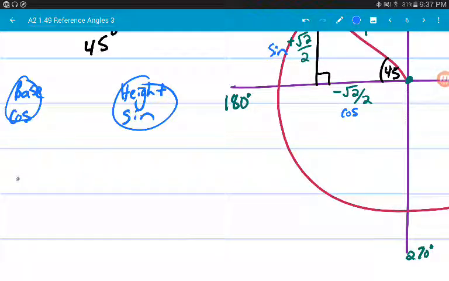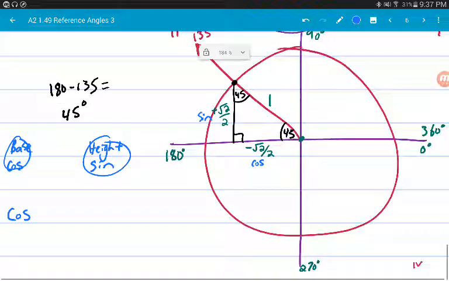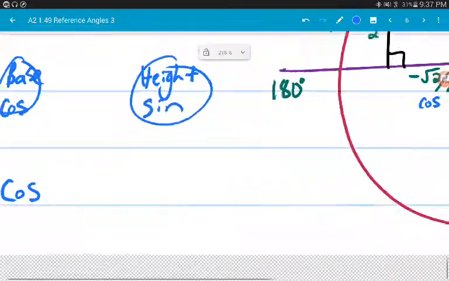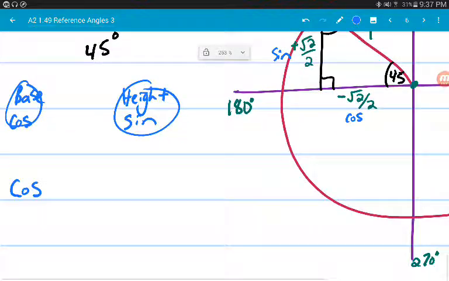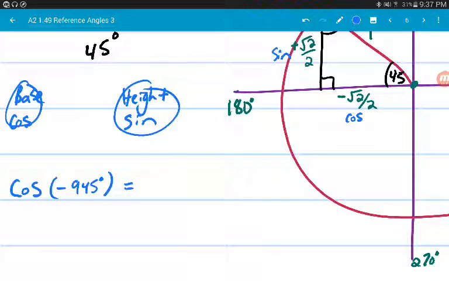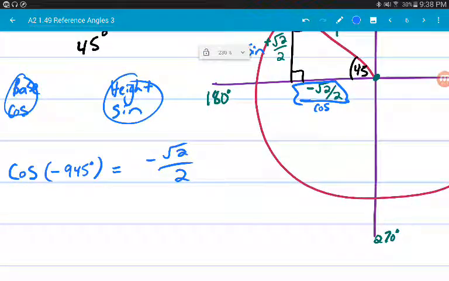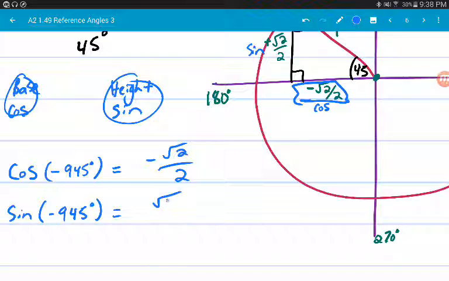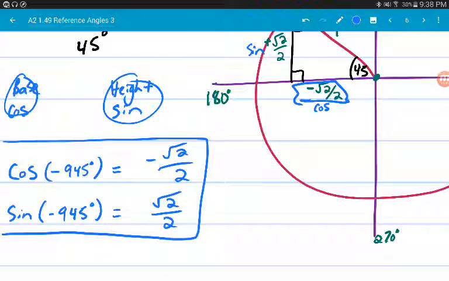So what we say in the end is that cosine of the original angle, which was negative 945, is equal to negative rad 2 over 2, and that sine of negative 945 degrees is equal to a positive rad 2 over 2. And those would be my final answers.